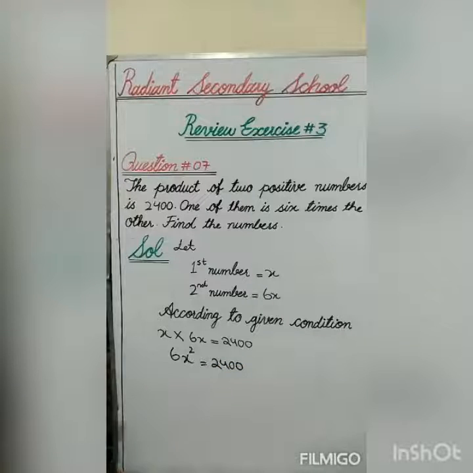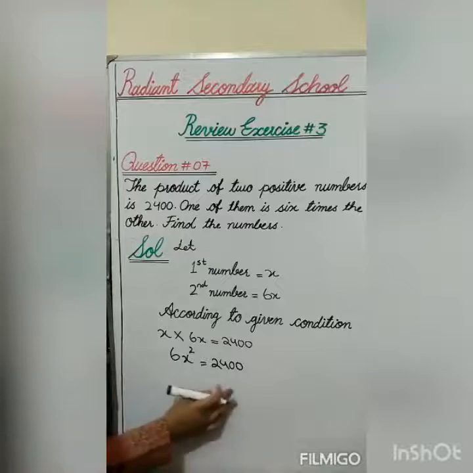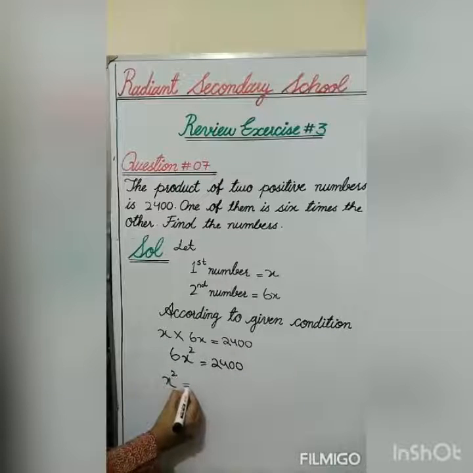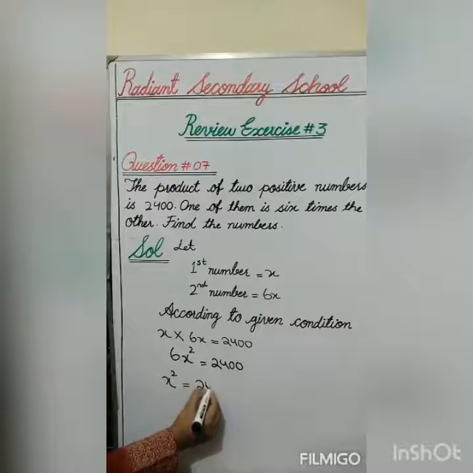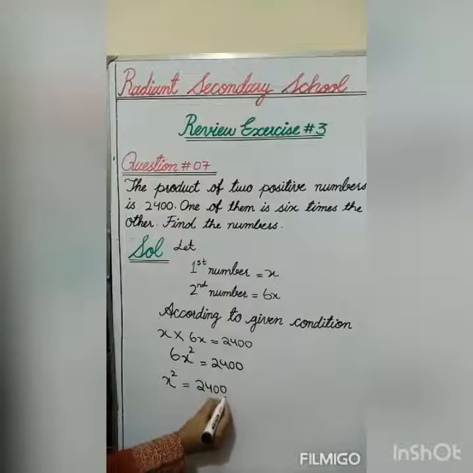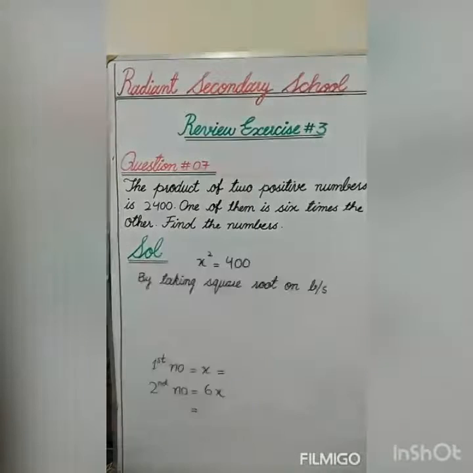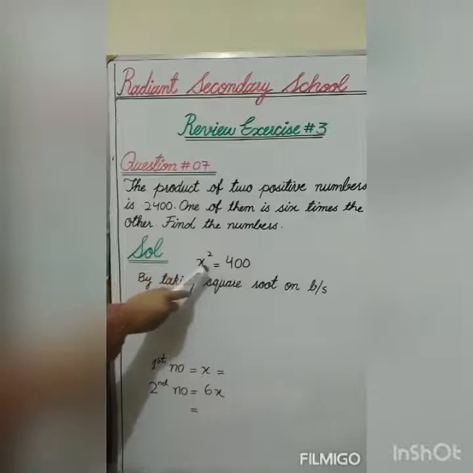Now class, 6 is multiplying here. We'll take this 6 on opposite side. It will become x square equal to 2400 divided by 6. Now by doing the cutting, we will get x square equal to 400.